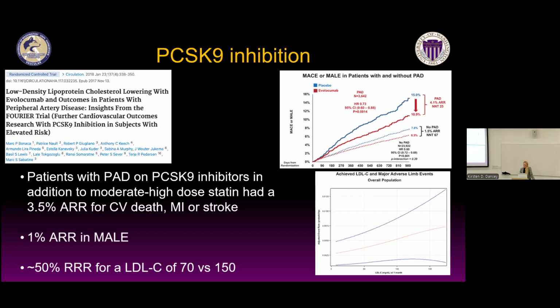There was a reduction in MI of 27%, a reduction in stroke of 21%. Interestingly, one of the critiques of the trial is that it didn't show a reduction in cardiovascular mortality, but a lot of people think that this is actually due to the relatively short follow-up period of 2.2 years of the study.